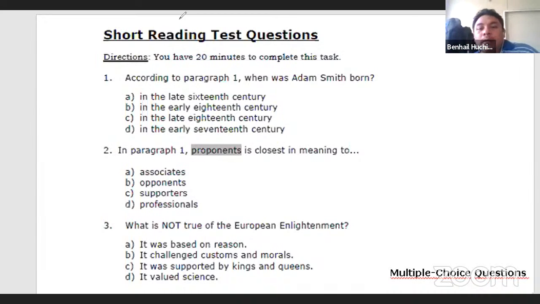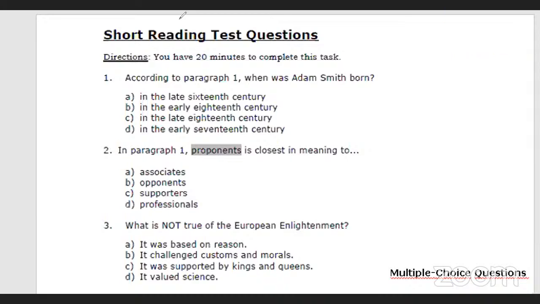Okay, so the first question says, according to paragraph 1, when was Adam Smith born? A, in the late 16th century; B, in the early 18th century; C, in the late 18th century; D, in the early 17th century.